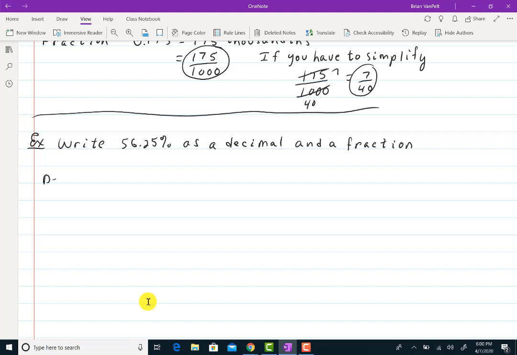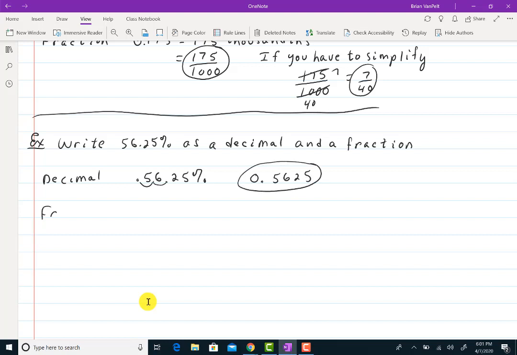So we'll start with the decimal. We take our 56.25%, come back 2 places, and I'll have 0.5625.